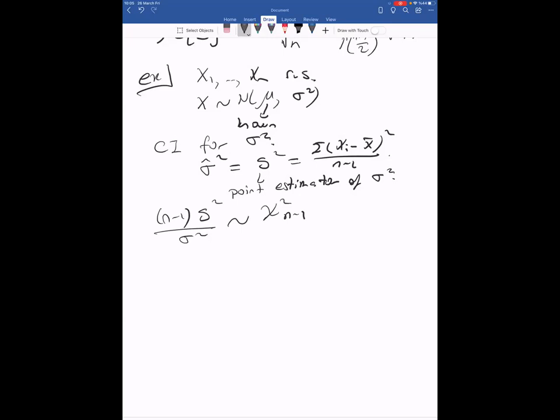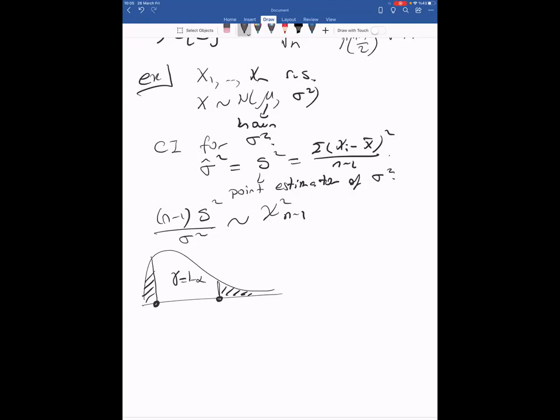Then we can use the chi-square distribution, but it is right skewed, not symmetric. Then we need to find some values. Let's say this part is delta, or 1 minus alpha. So what should be the values here, and what should be the tail probabilities? This is the important part right now.